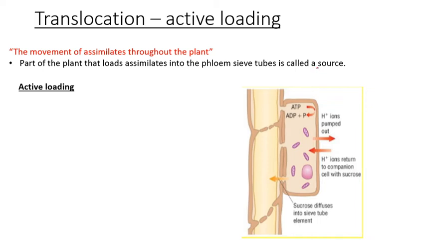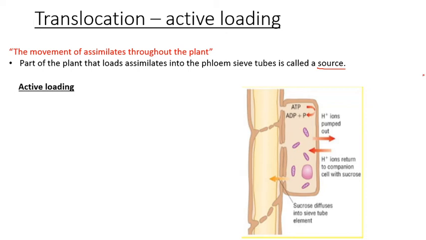First little keyword. If you have a part of the plant that loads assimilates into the phloem, into the sieve tubes, you call that part a source. A source. If sucrose is going to be our main assimilate, you might presume that most sources are at the leaf, because the leaf is where all the glucose gets made.